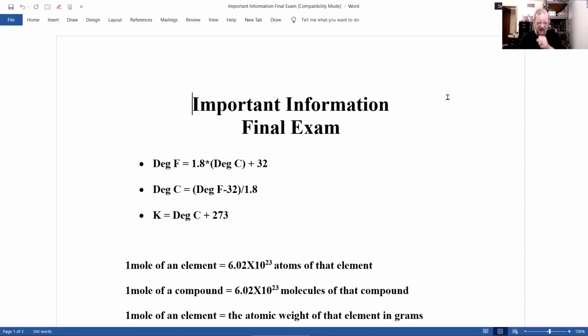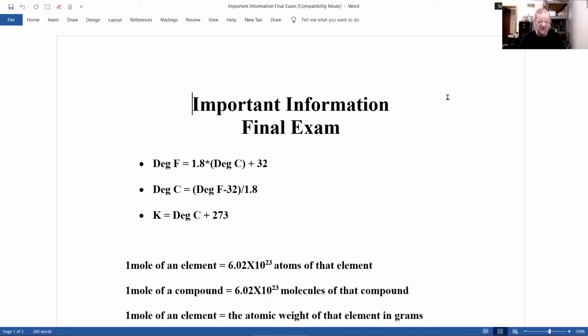And I decided test is chemistry. Therefore, all the things on these pages of important information for the final exam, you don't have to memorize, but you have to know how to use it.